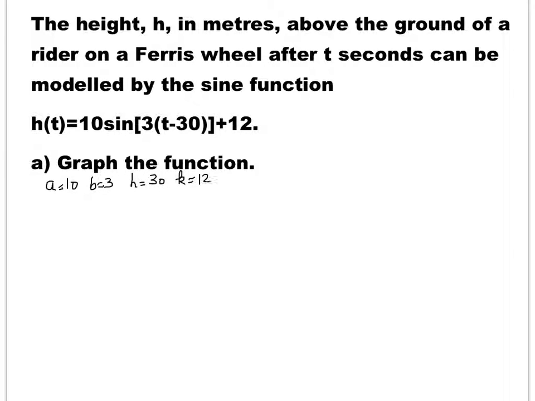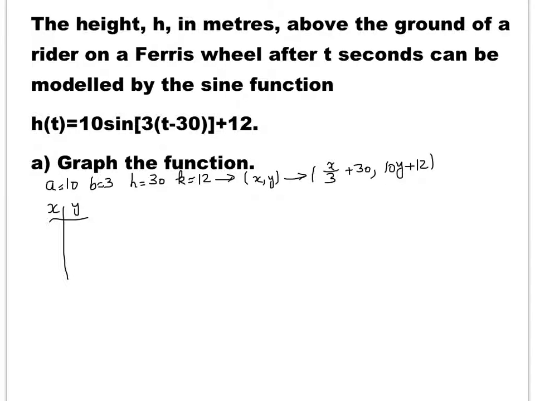This means that our mapping notation is (x, y) goes to (x/b, which is x/3, plus h, which is 30, comma, a·y, which is 10y, plus k, which is 12). Now our table of values for the base function y = sin t.